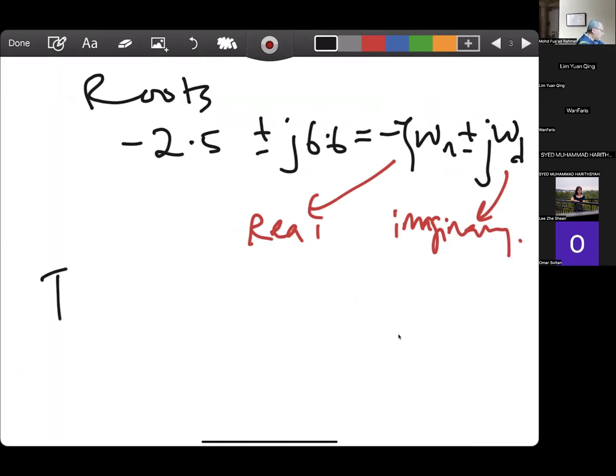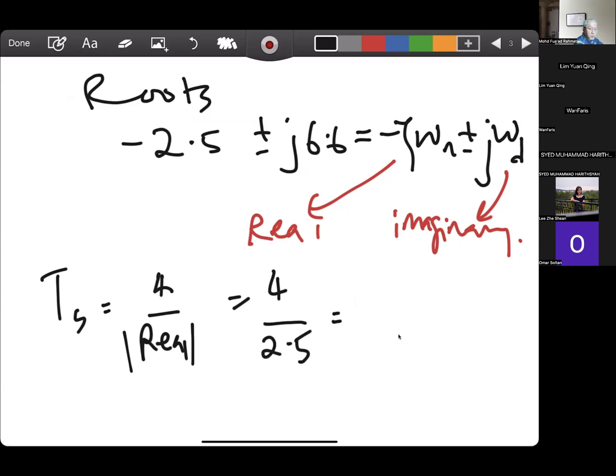So the settling time is 4 divided by the real part, am I right? So 4 divided by 2.5, which is equal to 1.6 seconds.